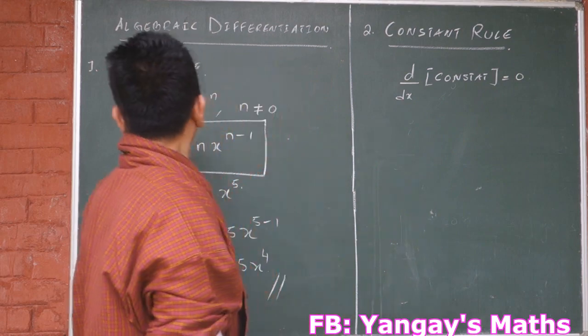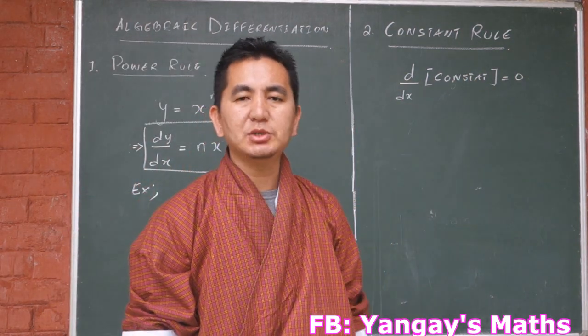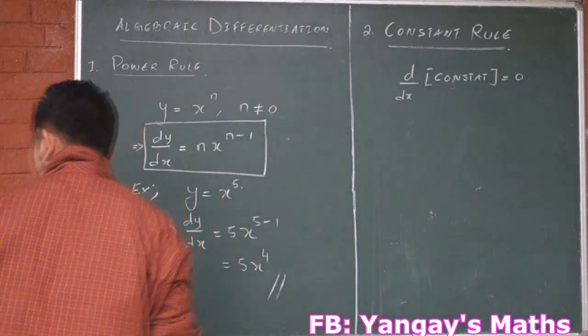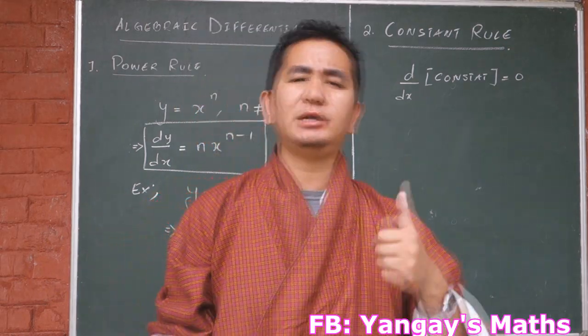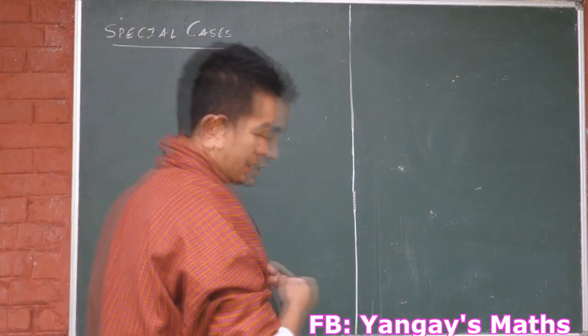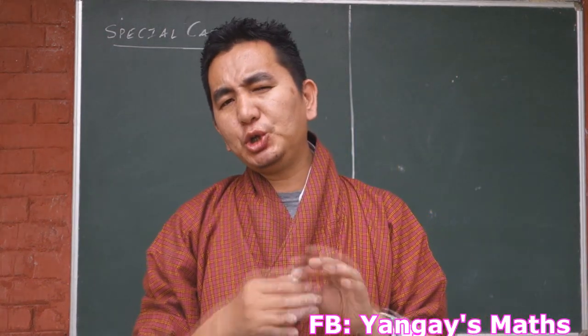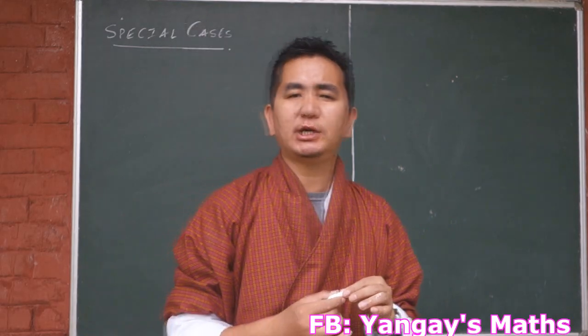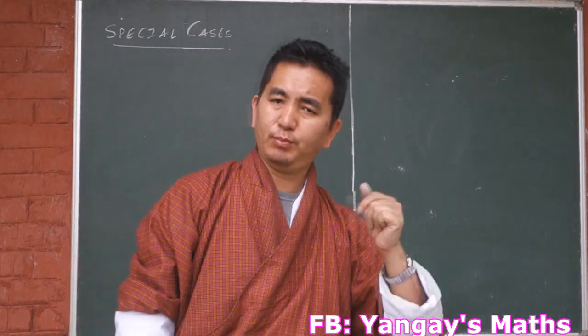Please remember, this is a power rule, and then we have differentiation of constant is always equivalent to 0. Then after this, we need to learn the special cases. Make sure you make thorough with these special cases. Every question usually uses the special cases, so make it thorough.